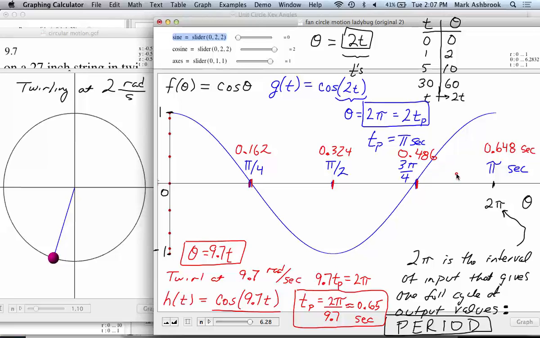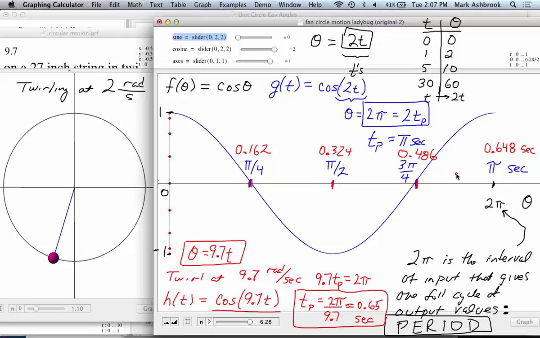So if this blue graph represented the h function, then our horizontal axis scale would be the red scale, because we know it takes 0.648 seconds, a little bit more than half a second, for the ball to get all the way around. Okay, anybody have a question on this?